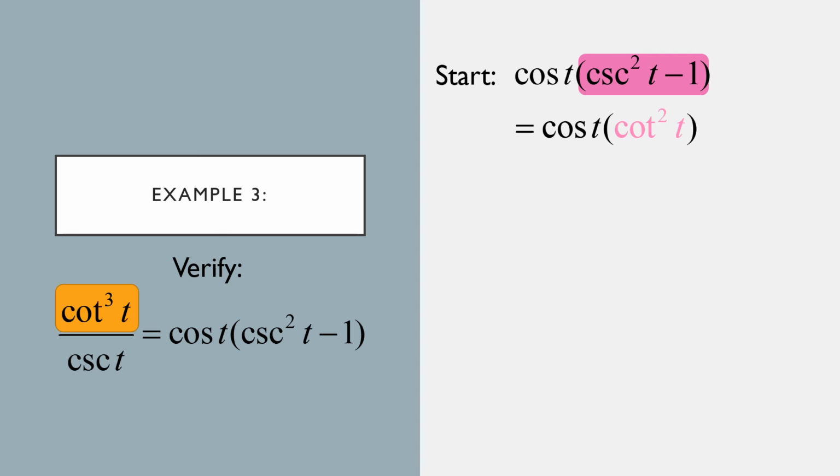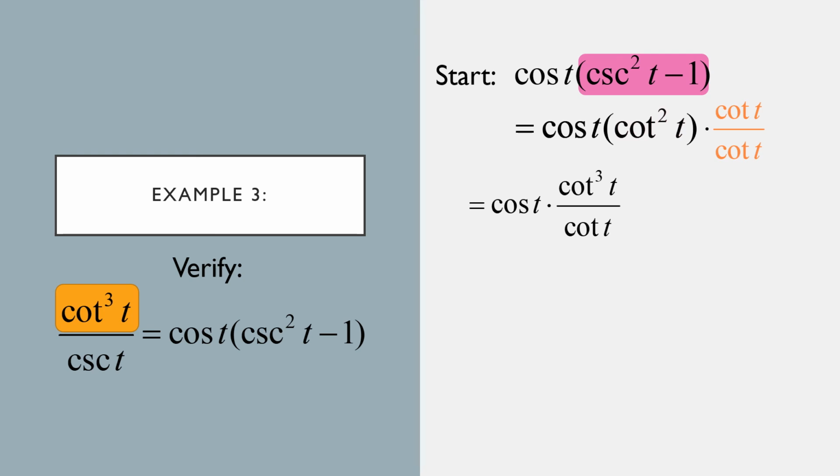And right now I only have cotangent squared. We can manipulate and get a cotangent cubed as long as we multiply by a fraction that's equivalent to 1. Cotangent of t over cotangent of t is equal to 1. But when I multiply, it gives me a cotangent cubed in the numerator.